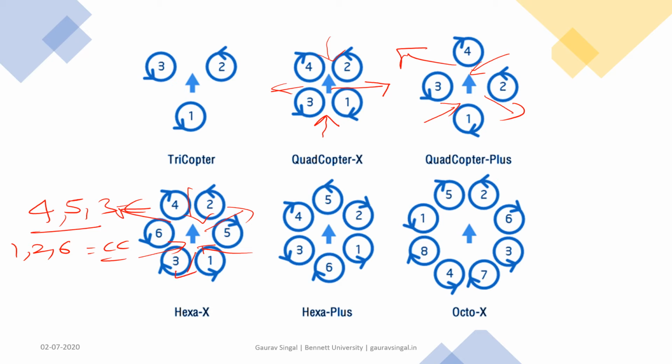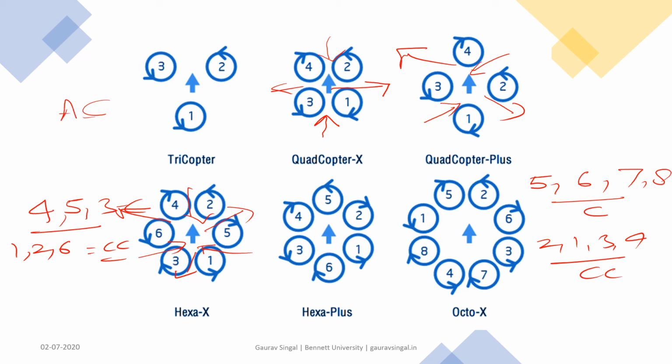Similarly, this is called Hexa X and Hexa Plus, and this is for Octa X and Octa Plus. A similar structure is there. You can see 4 motors, 5, 6, 7, 8 for clockwise, and again 2, 1, 3, 4 for counterclockwise. But in a tricopter, all are moving in the same direction, maybe anti-clockwise.